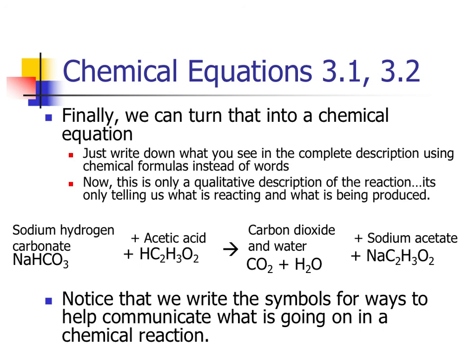Now, we use the chemical symbols so that we don't have to write out the chemical names, because that becomes much longer and tedious. By using the symbols, we're able to see how many of each element we have present.